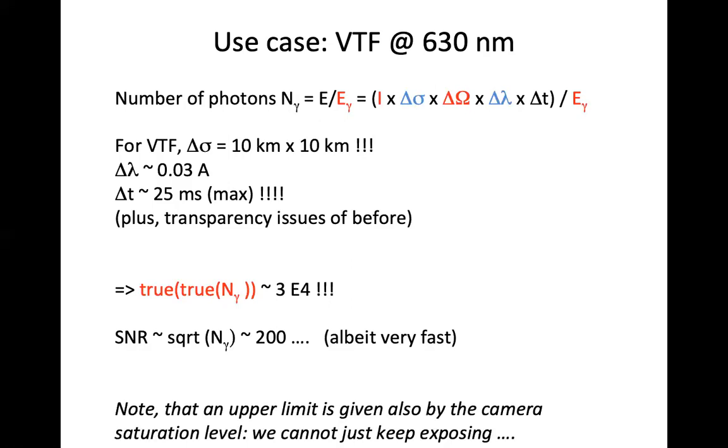Another important thing, which is related to what Ryan was saying, is that actually an upper limit on the exposure time is given by the cameras because they saturate. After a certain number of electrons, they saturate. The electrons start spilling all over and you don't know what is what. And the cameras that these guys are using saturate at about 80,000 electrons.